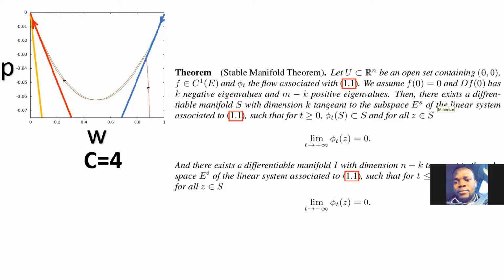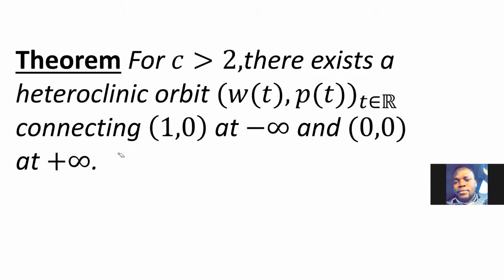Yeah, so we have to prove it. We have to prove that my trajectory will not cross the yellow line. So that's the point of what we are going to do today and right now. Okay, theorem.